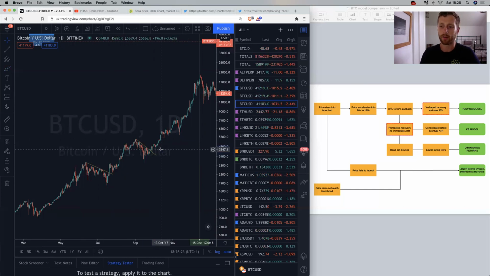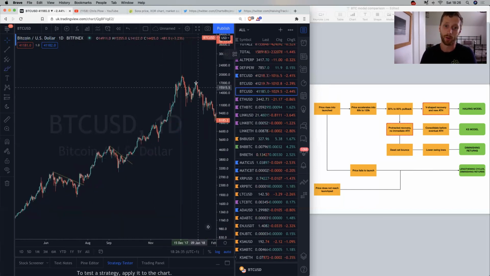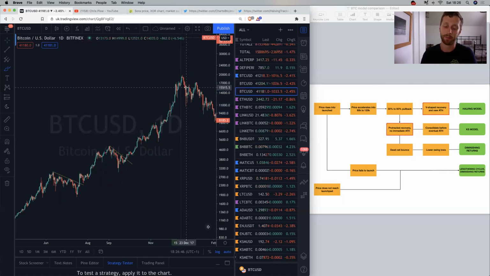But what I believe is the best approach, or at least the approach that I would recommend for most people, is simply that you're waiting for a parabolic blow-off top. And the reason why I believe that really comes down to the fundamentals of Bitcoin at the end of the day.